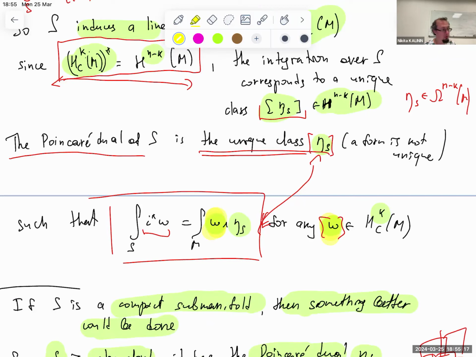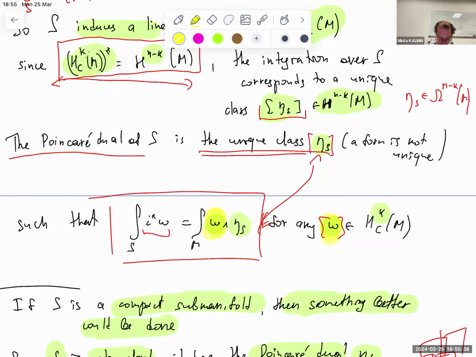There are always some problems in notation, because people frequently denote the form and its cohomology class by the same letter, just to not write a lot of parentheses.